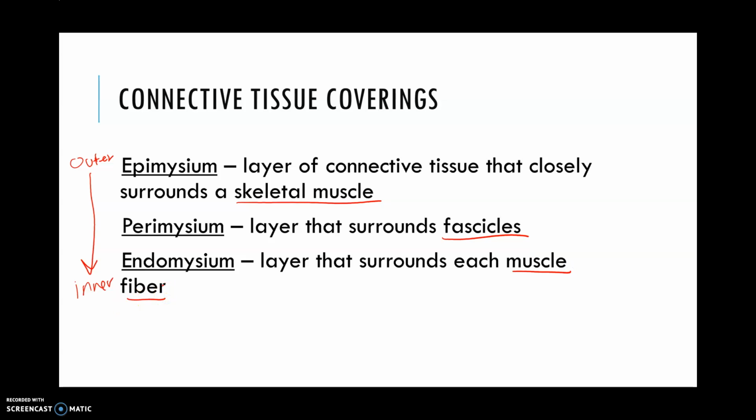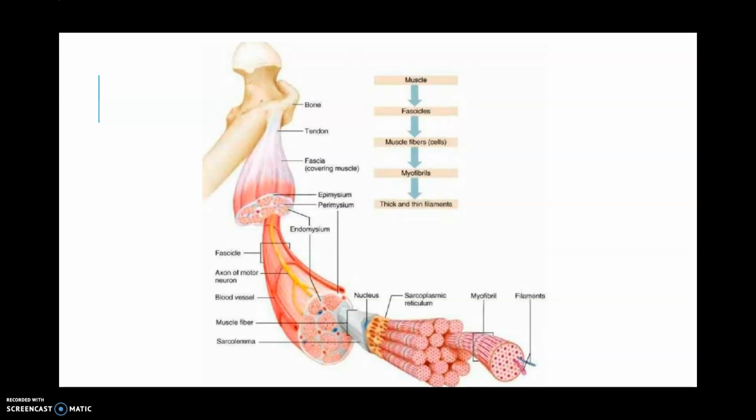So going from the outermost, our entire muscle, to our fascicles, to our inner muscle fiber here with these different connective coverings. So if we take a look, our fascia is all the way on the outside. Our epimysium is covering the muscle around here. Our perimysium is covering each of these little groupings that we can see in here.